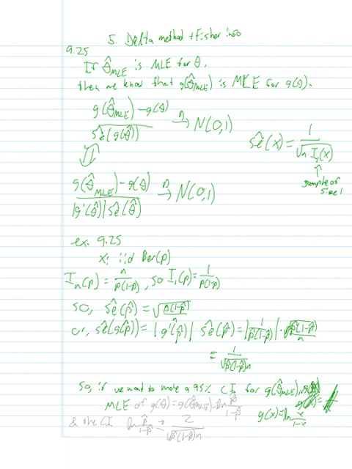So then the MLE of G of theta is equal to G of theta hat MLE, which is equal to ln of p hat over 1 minus p hat, right? Because you can just plug the MLE for p in where p goes.